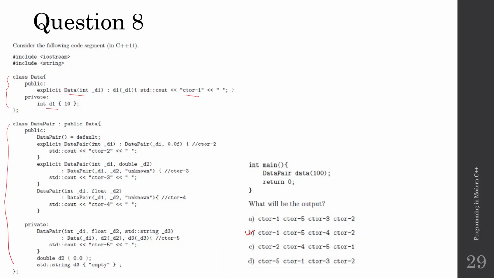And we have a default constructor here. Then we have a constructor which takes one argument, and it calls another constructor of the same class with the argument and another value 0.0f.